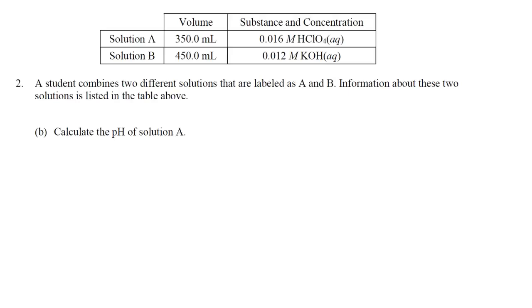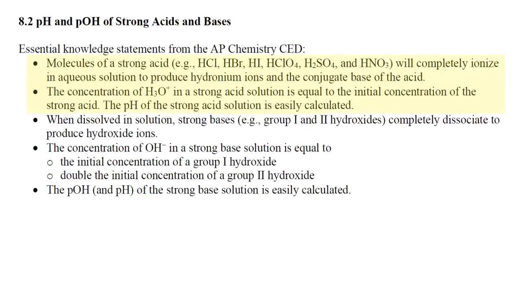So this question falls under topic 8.2, pH and pOH of strong acids and bases. Molecules of a strong acid, and again, here you can see the list of 6 strong acids, and HClO4 is on that list, will completely ionize in aqueous solution to produce hydronium ions and the conjugate base of the acid.